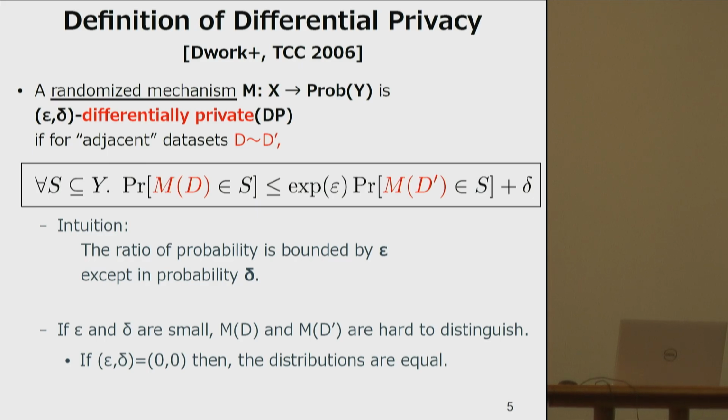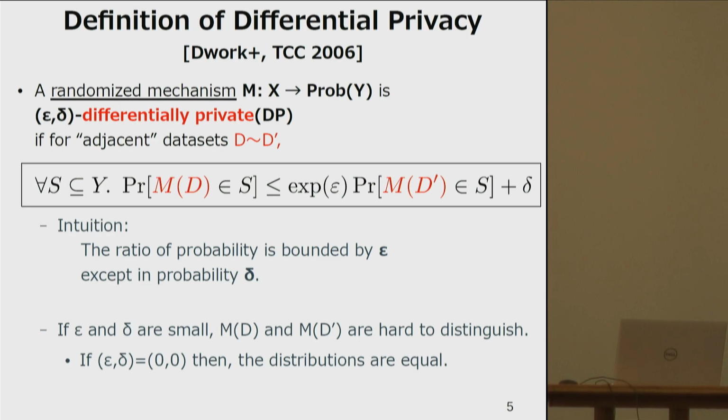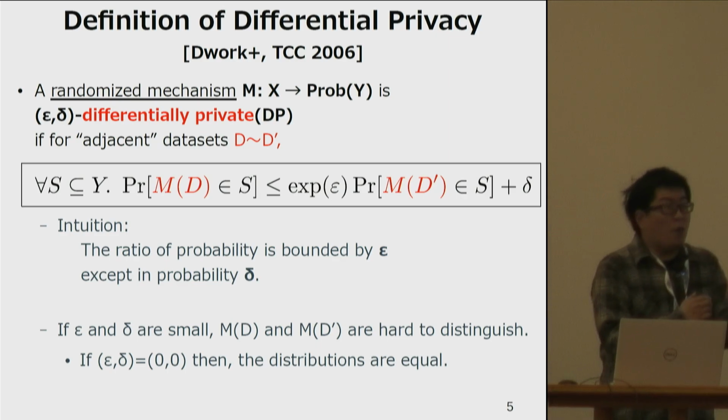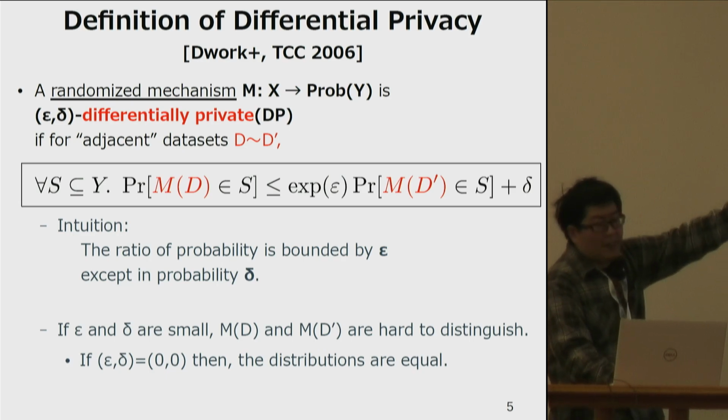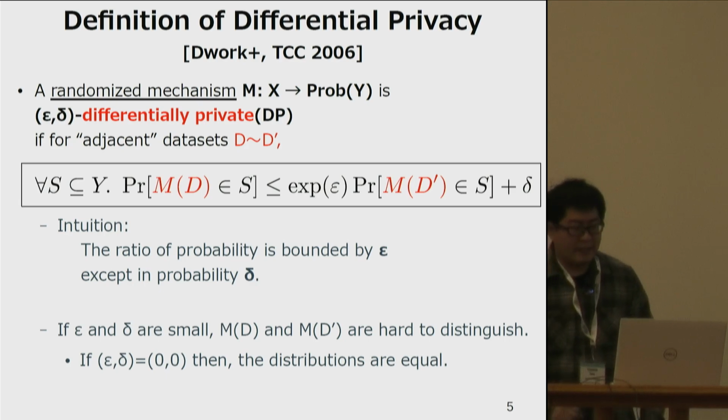this inequality condition. So this condition seems rather complicated, but the intuition is very simple. The ratio of probability between MD and MD prime is bounded by e to the epsilon, except in the probability delta. So in short, the parameter epsilon stands for the ratio of probability between MD and MD prime, and delta is the probability of error.